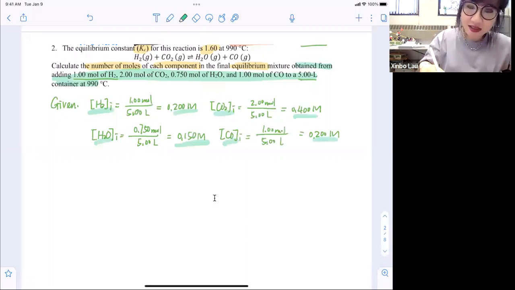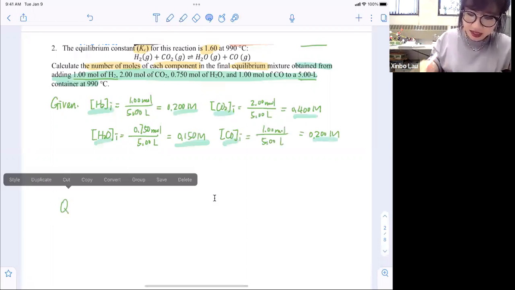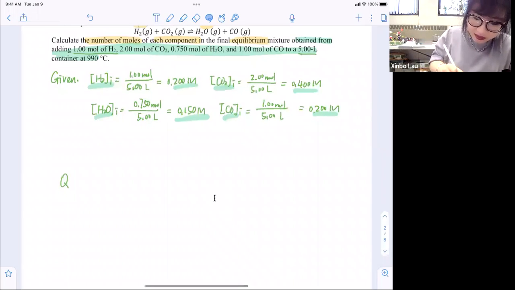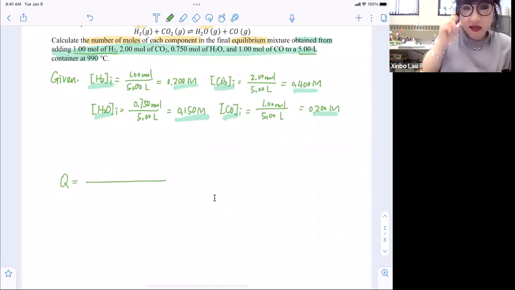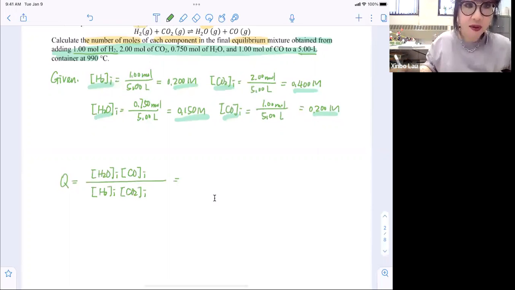Very good. So then you ask, which direction does the reaction go? We need to calculate Q. How do we calculate Q? Q will be products over reactants. So products will be the concentration of water times the concentration of carbon monoxide, divided by the concentration of hydrogen times the concentration of carbon dioxide.